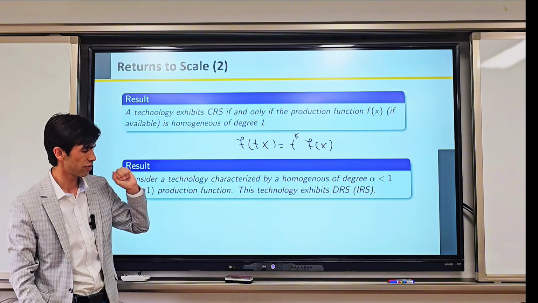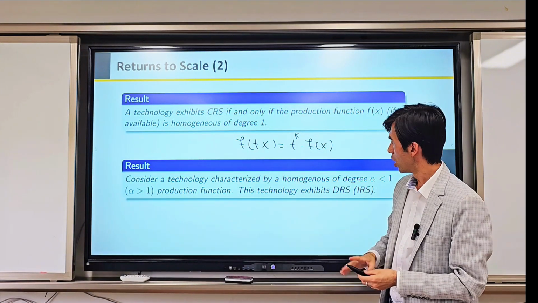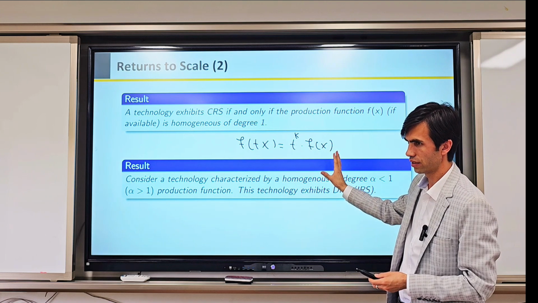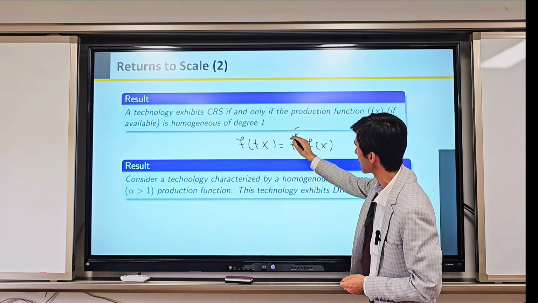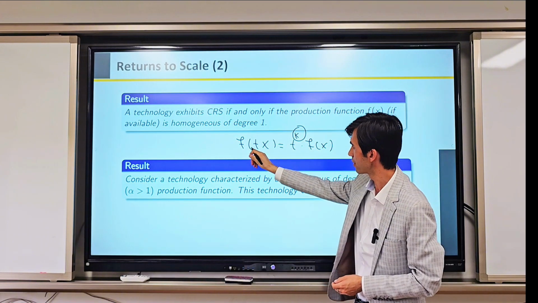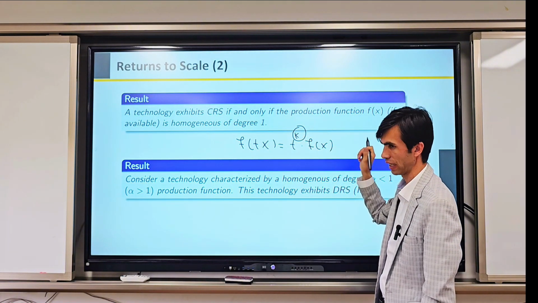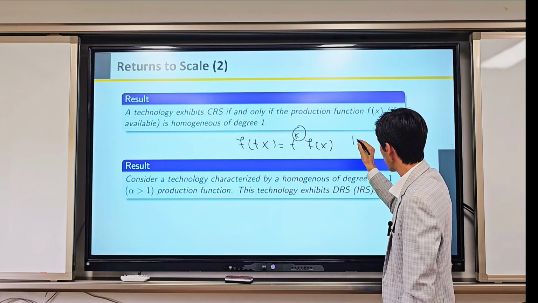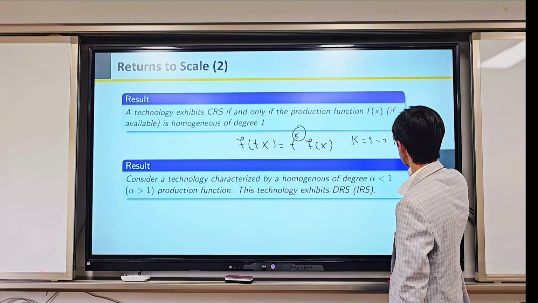By using this equality, we can define the homogeneous of degree. A function f of x is homogeneous of degree k if f of tx is equal to t to the power of k multiplied by f of x. So then, if k is equal to 1, it's called homogeneous of degree 1.